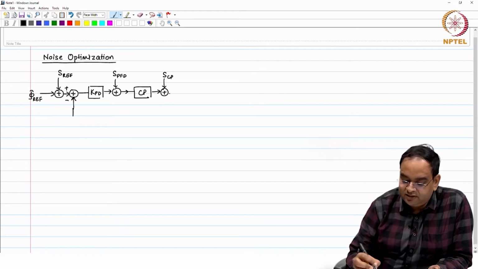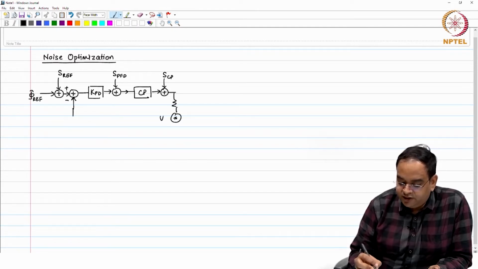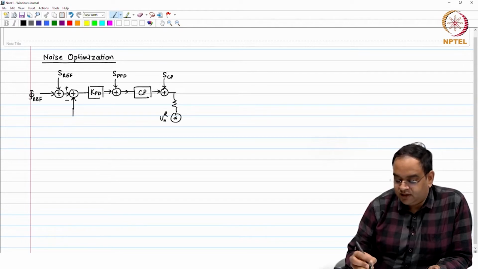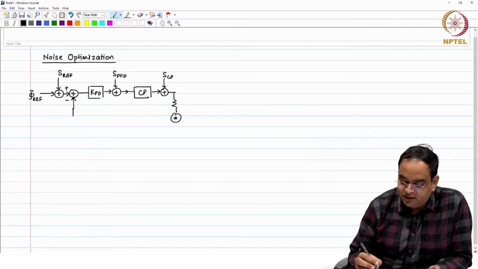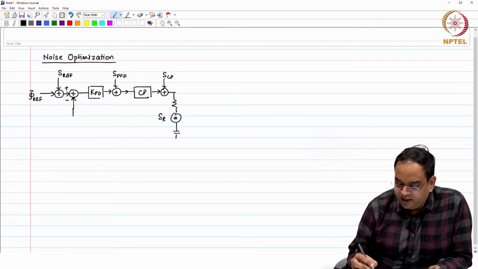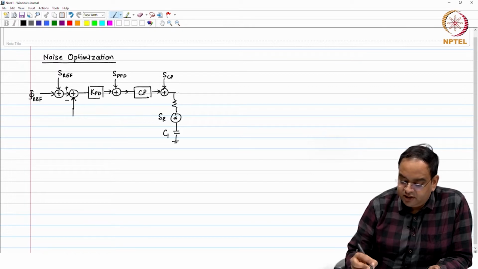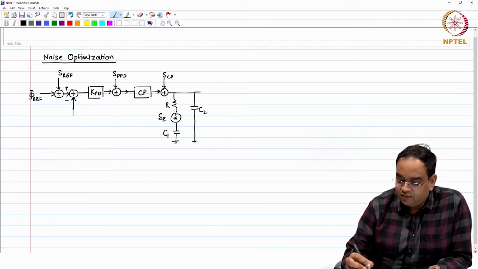S is referring to the noise spectral density. Then you have the resistor R with a noise source V R and noise spectral density S of R, followed by a capacitor C1, and then you have capacitor C2. This is R, followed by the VCO with gain K VCO over s.